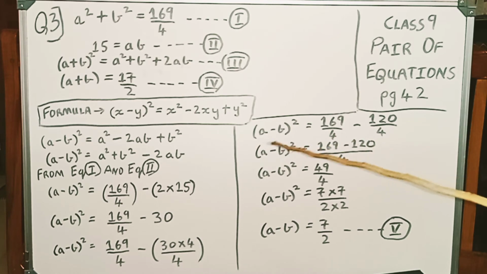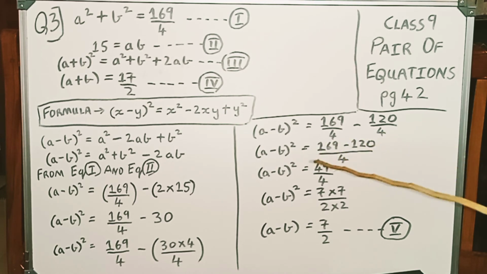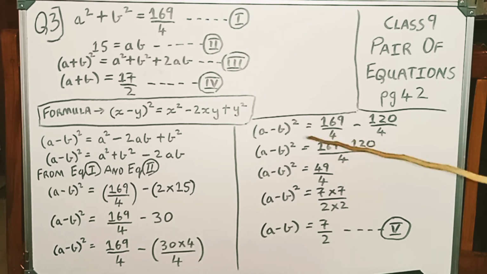So (a minus b) the whole square is equal to 169 divided by 4 minus 120 divided by 4. Since the denominators are the same, we can join these two fractions.